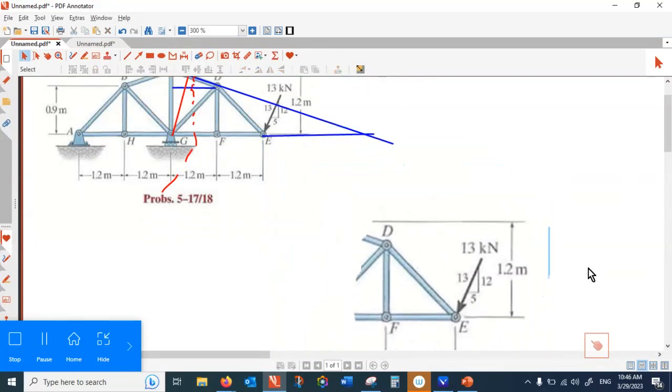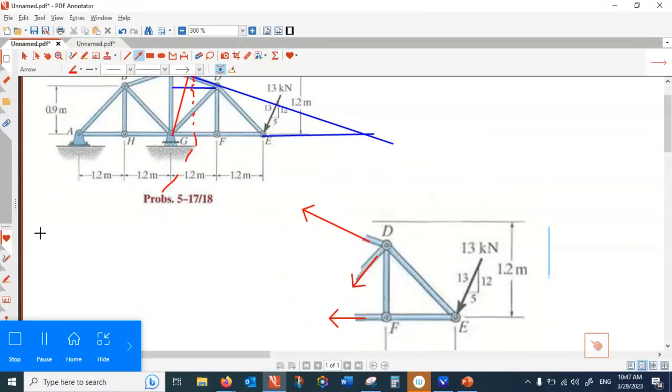Okay, what it takes to solve this one, I have to include the internal forces, because once you cut through the members, the internal forces have to be exposed. So you get one force axially here, you get another internal force here, and you get one force here.